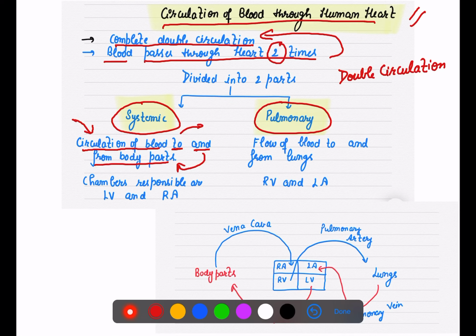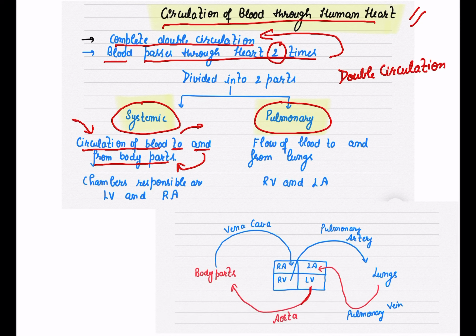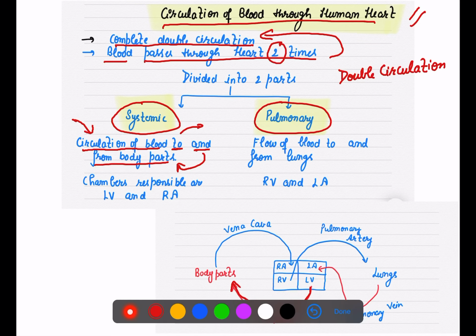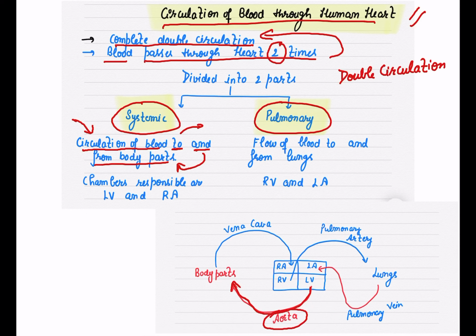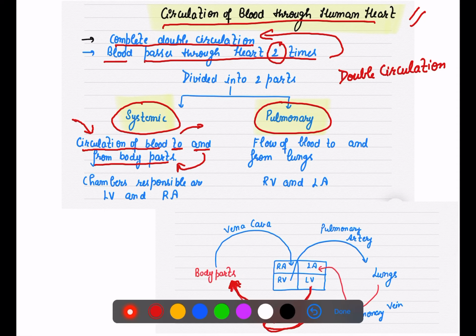Now, who carries blood to the body parts? It is your left ventricle. Left ventricle pumps blood through the aorta. The aorta carries this blood and it is then sent to body parts, right? Now from these body parts, who is carrying the blood? Because this is now deoxygenated blood.